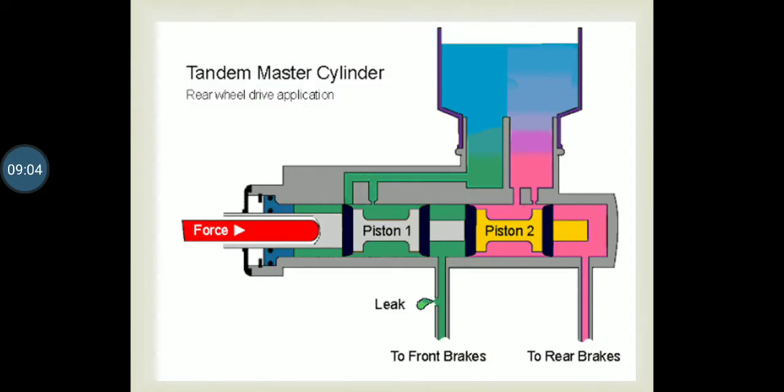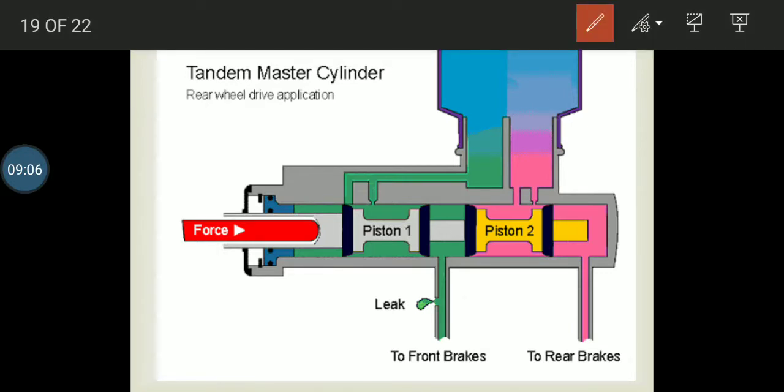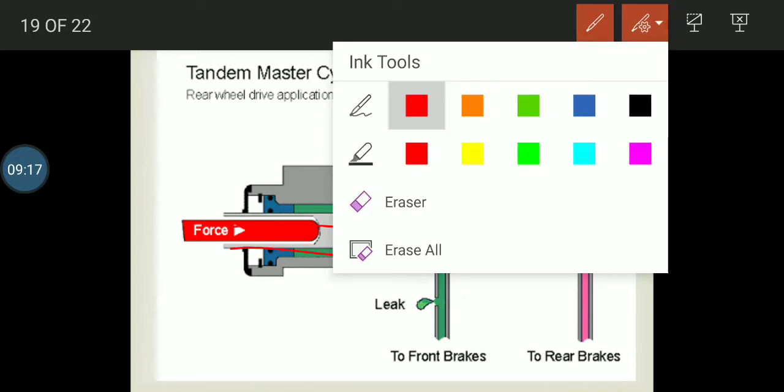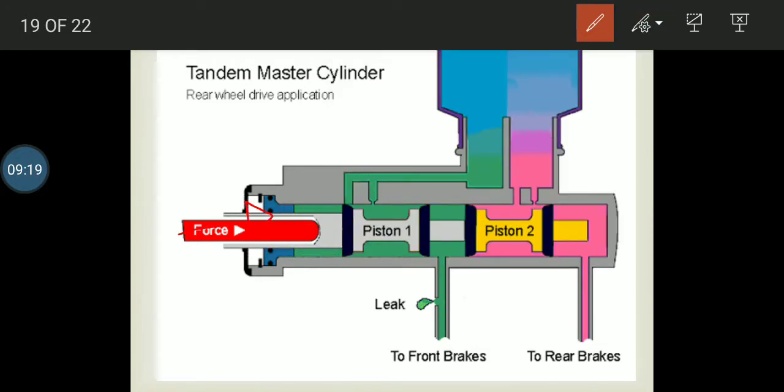Then tandem cylinder or a master cylinder. Over here two pistons are attached to a single connecting rod. This is the first piston, this is the second piston, and we are having a single connecting rod. When the force is applied, the green fluid is inserted, and because of which the movement gets easier, and we can easily push the fluid further.